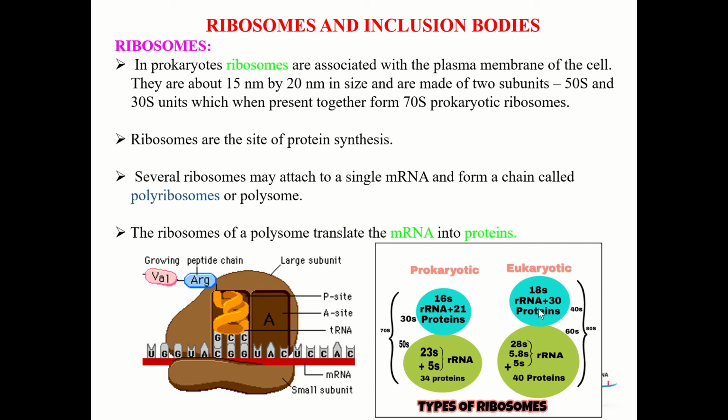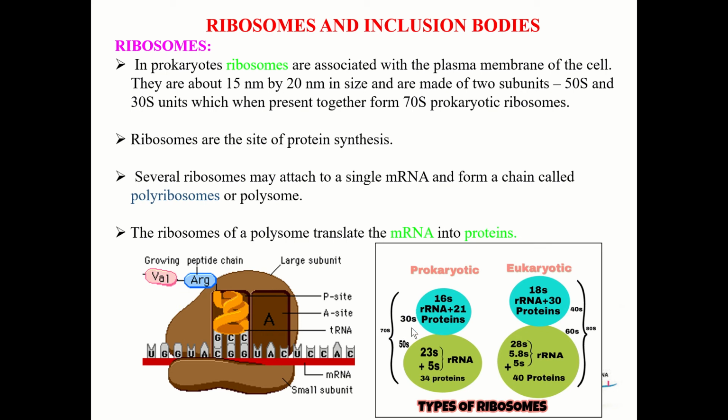In eukaryotes, the 40S small subunit has 18S rRNA plus 30 proteins, and the 60S has 28S, 5.8S plus 5S rRNA plus 40 proteins. Now these numbers, 30S and 50S, are the values at which the particles get sedimented and separated.